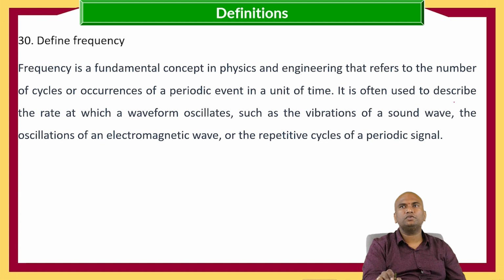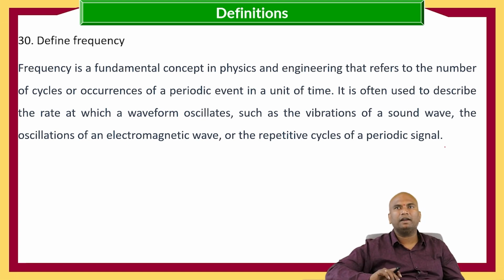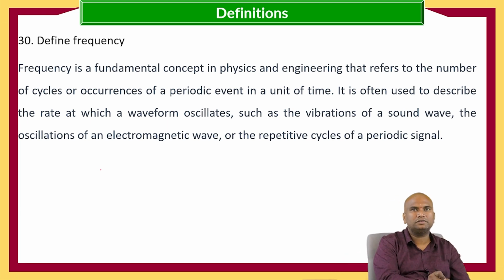It is often used to describe the rate at which a waveform oscillates, such as the vibrations of a sound wave, the oscillations of an electromagnetic wave, or the repetitive cycles of a periodic signal. Frequency is the number of cycles in a particular time, that is, frequency equals 1 by T, in hertz.